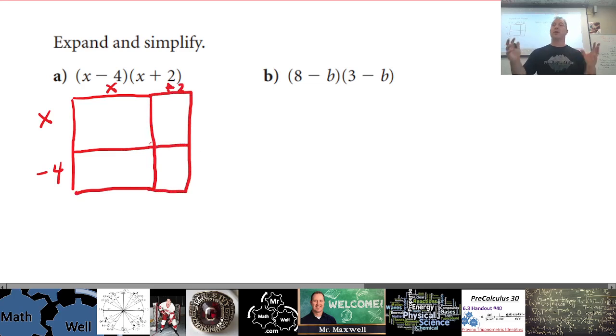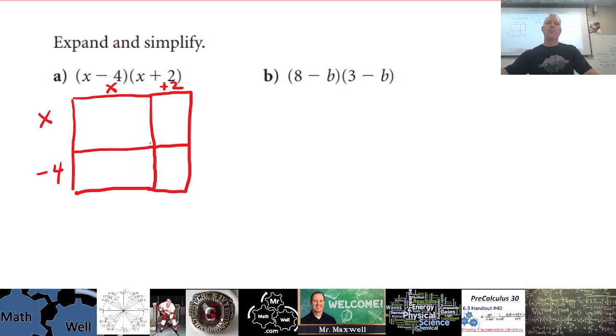And I'm gonna make a chart out of that. Sorry if you can't read that. That's a +2 here. So I've got x and -4, which is this factor, and on the top x plus 2. So you can see how this is kind of similar to the algebra tiles, right? But here we're going to be able to use negatives in this way, and this might help you a bit.